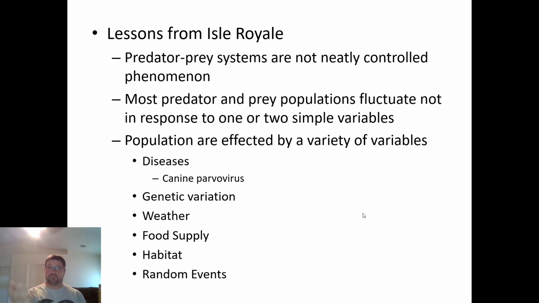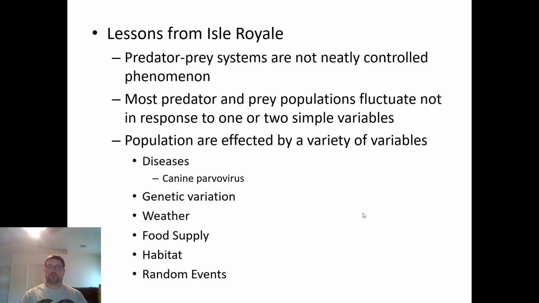But this happened to come onto the island and start knocking the wolf population really down. There's other things, okay, with the wolf population so far down, the genetic variation that we see in the wolves is very low.